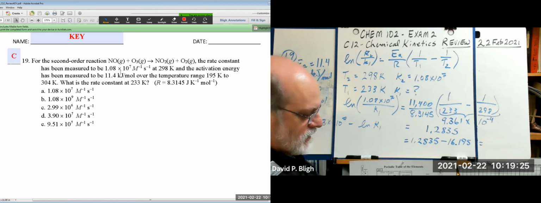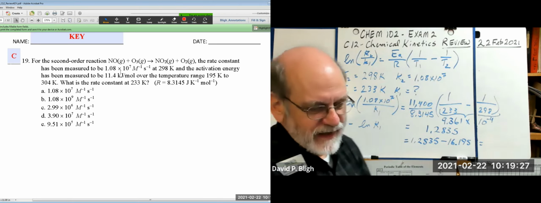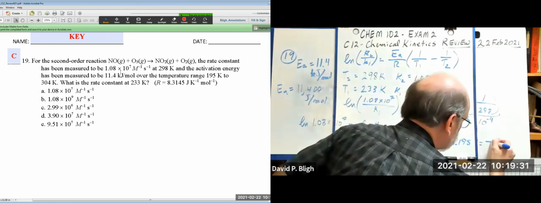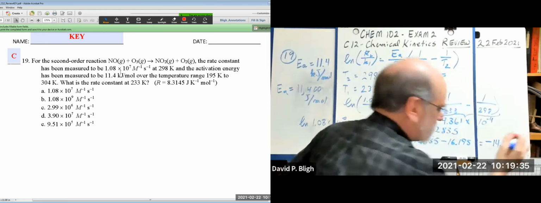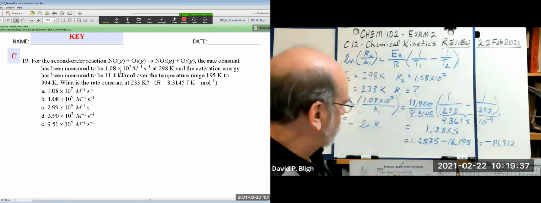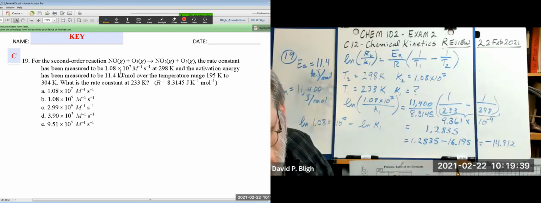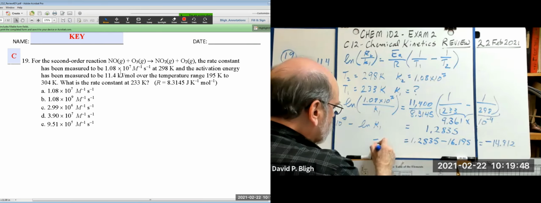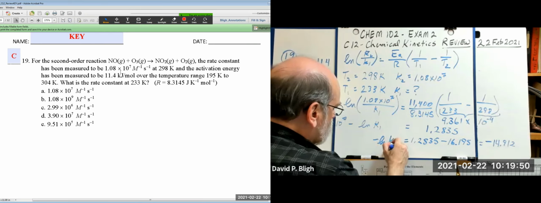Yes. Okay, minus 14.912. Yeah. Okay, and this side is negative log K1.